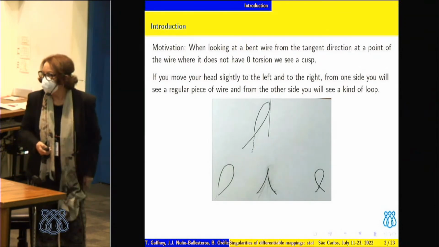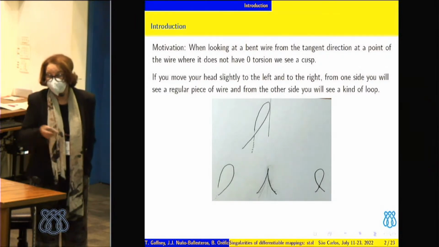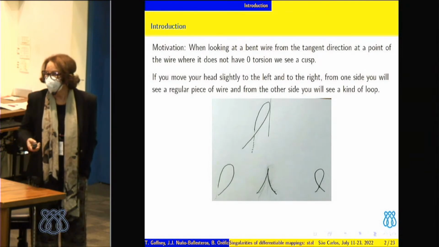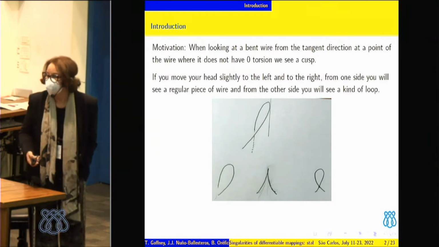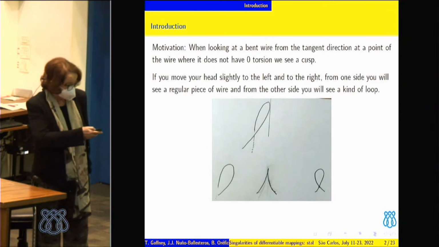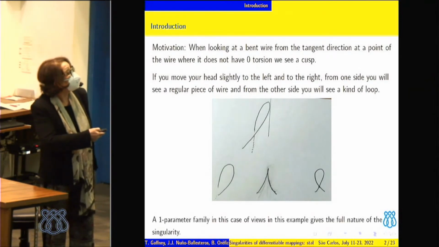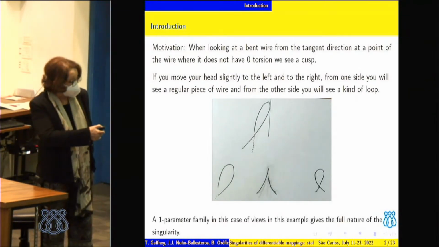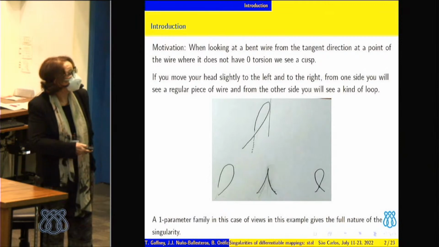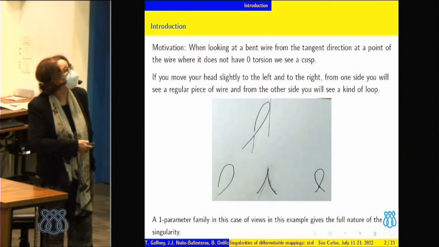This is one of the most important tools in singularity theory, proposed by René Thom, right? Perhaps the best contribution that singularity theory of mappings left to mathematics and even to science. We can understand much better the nature of the singularity.